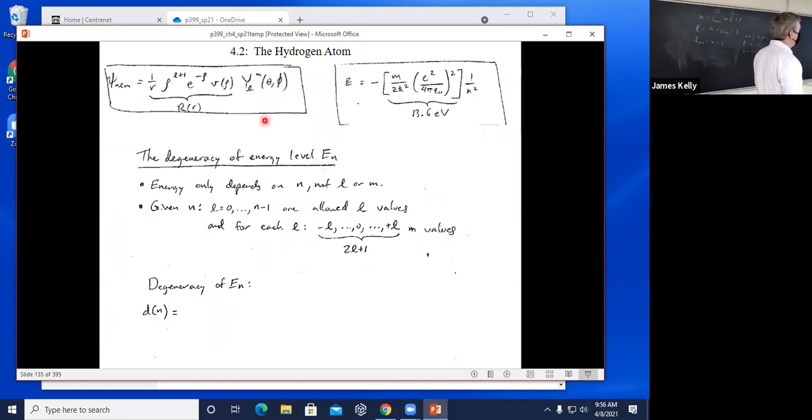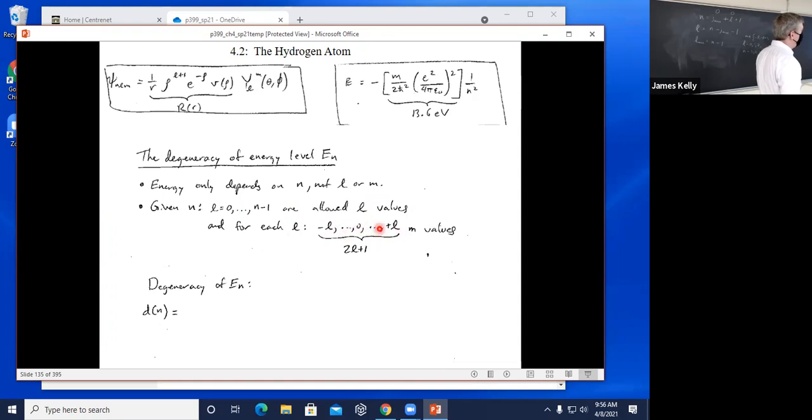So if you do the counting up here, for each L value that's allowed, and we have N L values, right? L can go from 0 up to N minus 1. That's like from 0 to 5 minus 1 would be 5 values, from 0 to 4. And then for each L value, we have 2L plus 1. You can count it up, right?